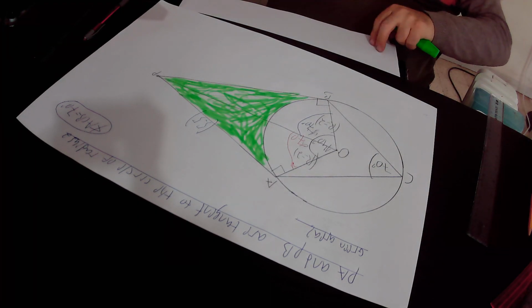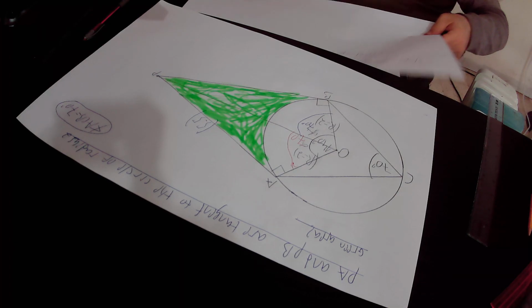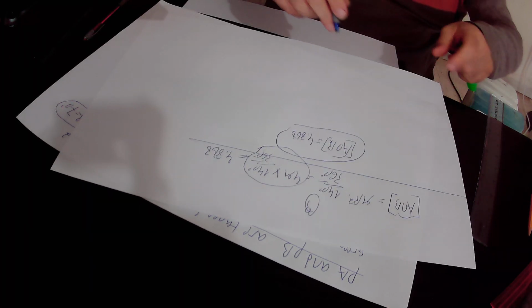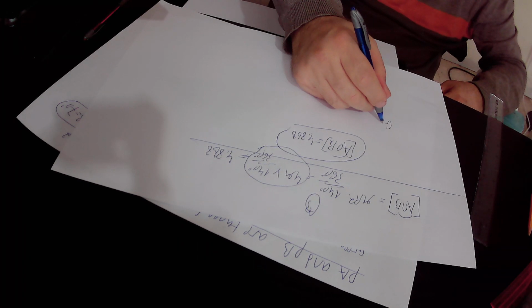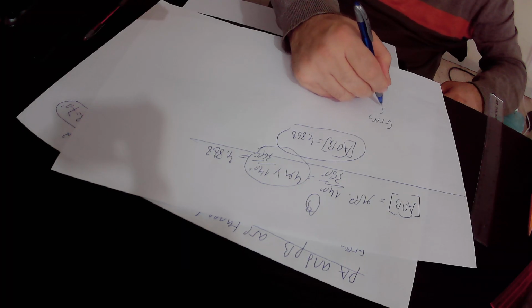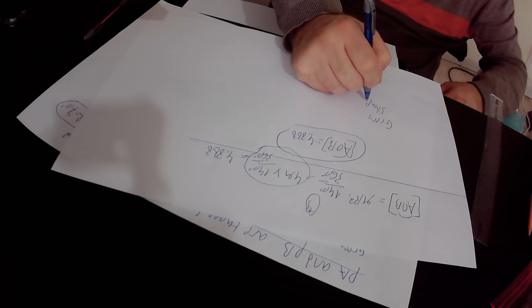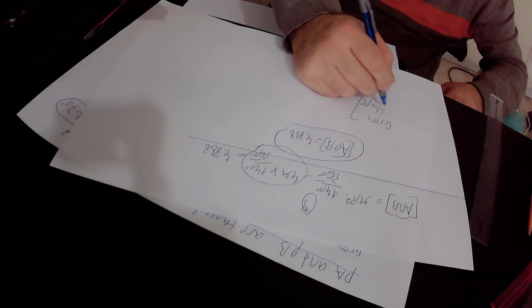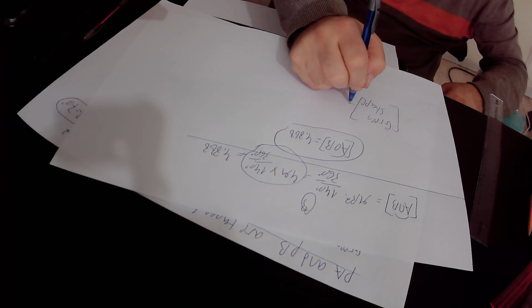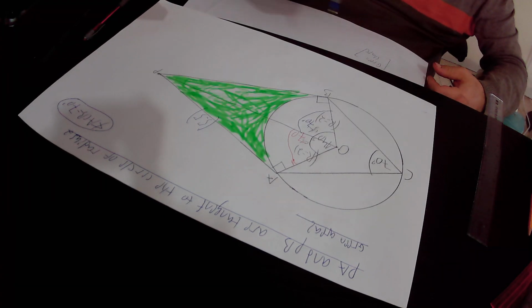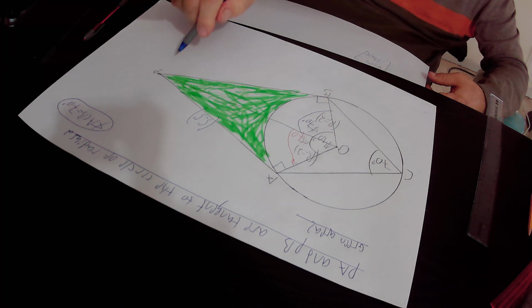So I write it down. The area of the green shape is equal to the area of this quadrilateral AOBP.